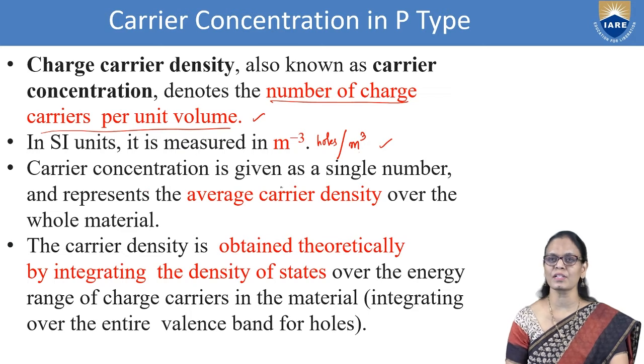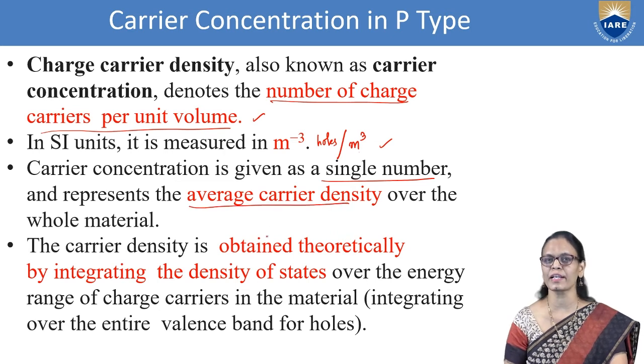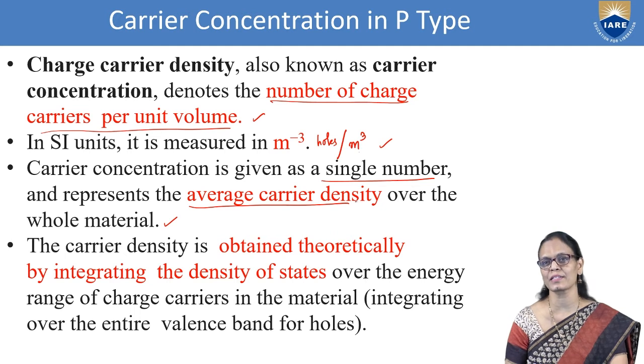And carrier concentration is a single number, and it represents the average carrier density over the whole material. Whenever we are talking, we are not just talking about a few atoms. It is the charges that are formed due to the entire material, so it is the average carrier density over the whole material.